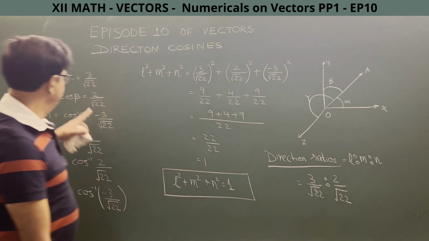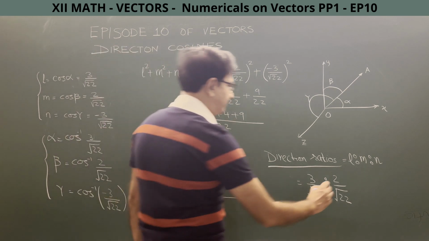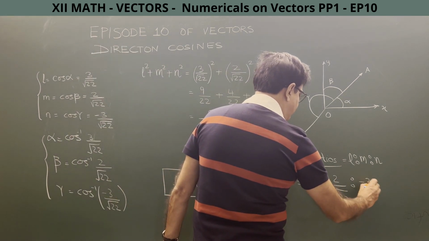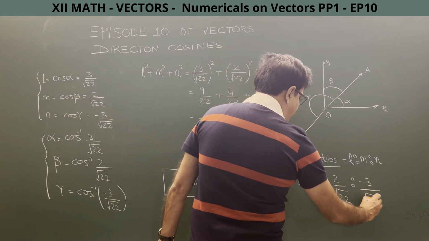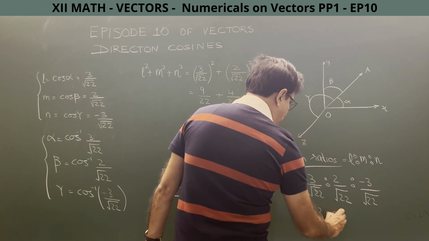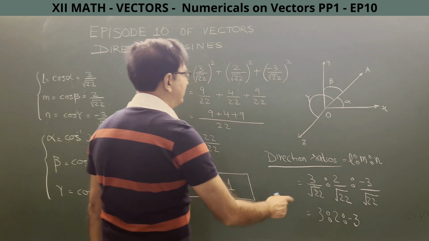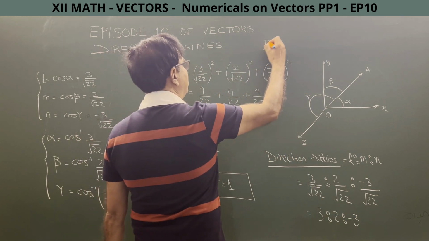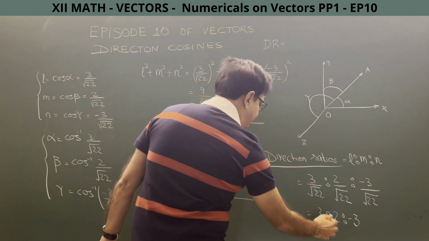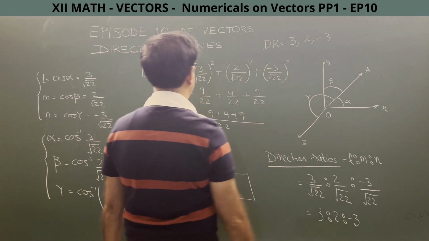And the last one was minus 3 by root 22. While taking ratios, you can simplify it as 3 is to 2 is to minus 3. So these are your direction ratios. In practice, we normally don't write this ratio symbol. So direction ratio will be 3, 2, minus 3.